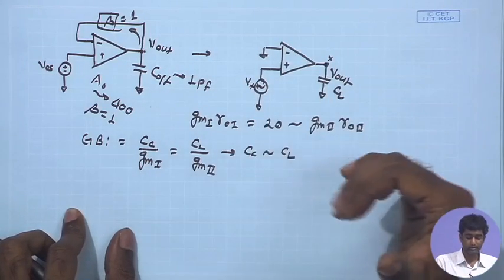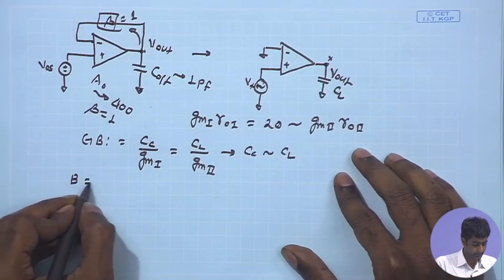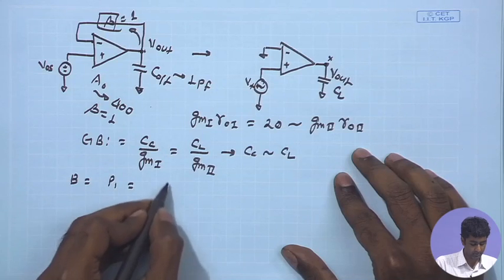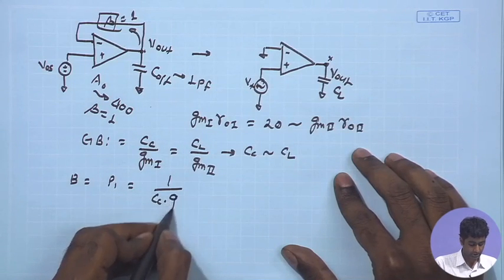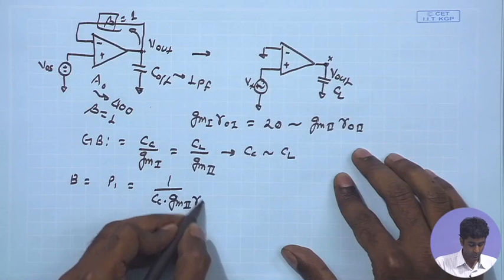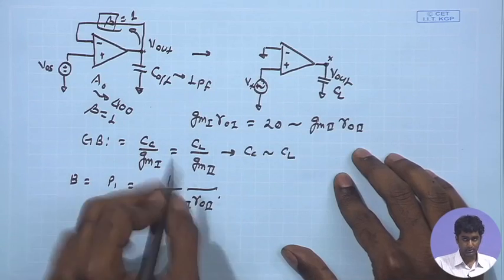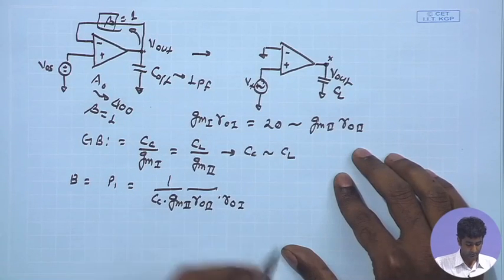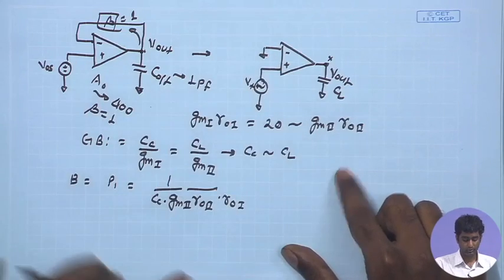We know that the bandwidth is given by the first pole P1, which is going to be equal to Cc times the Gm2 RO2, because it gets multiplied by the gain of the second stage, times the RO1. So, this is the bandwidth of the amplifier for this open loop case.